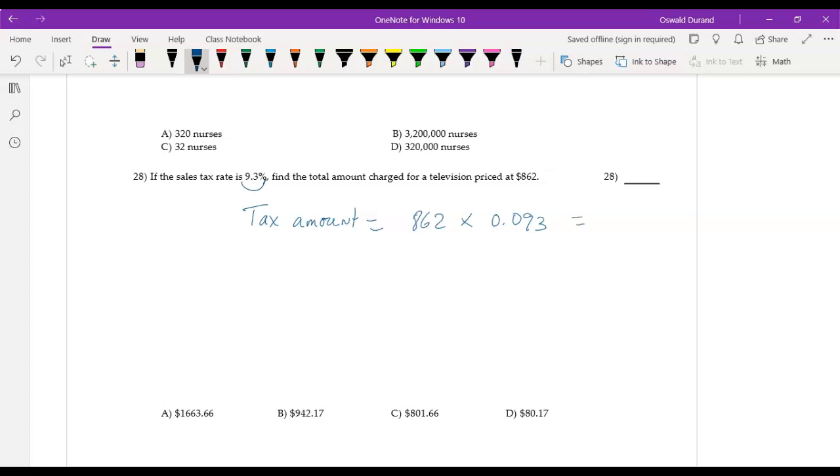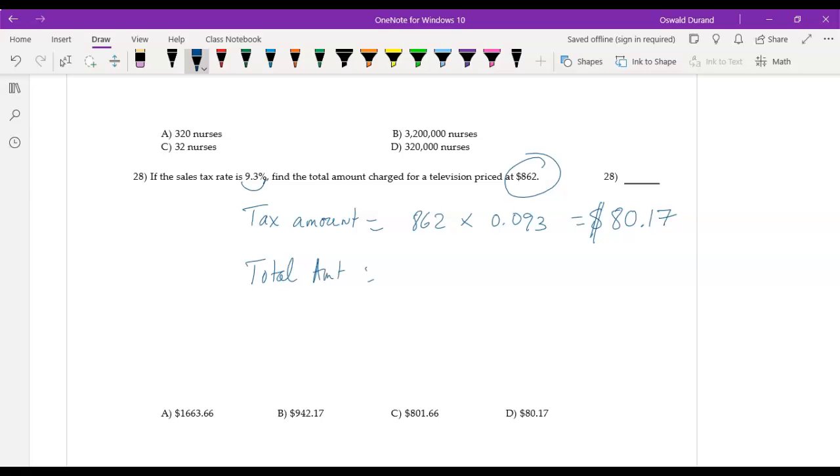What does that give me? 862 times 0.093. That gives me $80.17 when I round up. Okay? That's the tax. That's what I'm going to be taxed on this purchase. Now, I want a total amount.